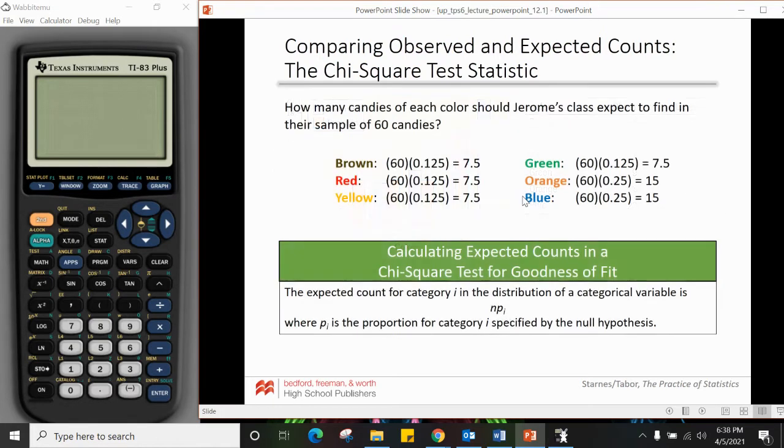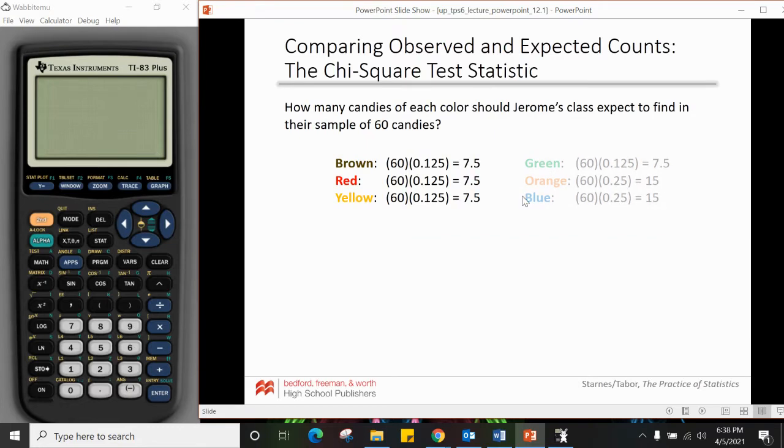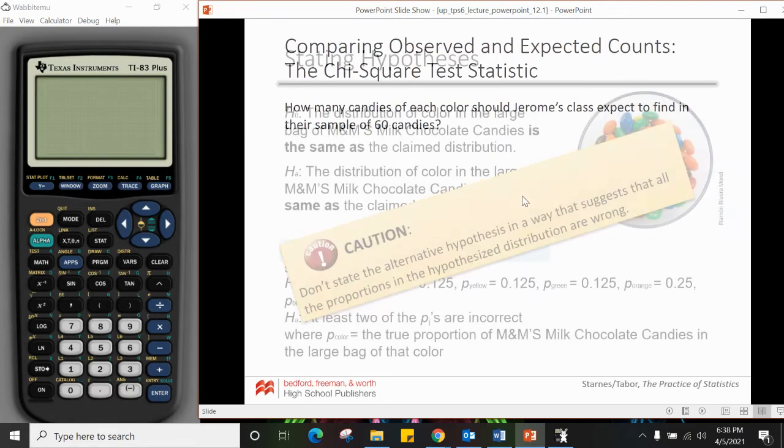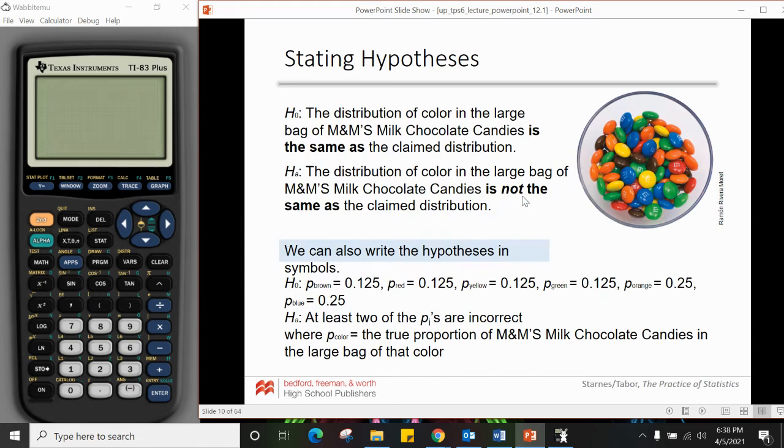All right. And I want to go back one second to emphasize something. In chi-square testing, looking at the null and the alternative hypotheses, it's always that the distribution of colors in the large bag of M&Ms, so the distribution of colors in this sample, is or is not the same as the claimed distribution.